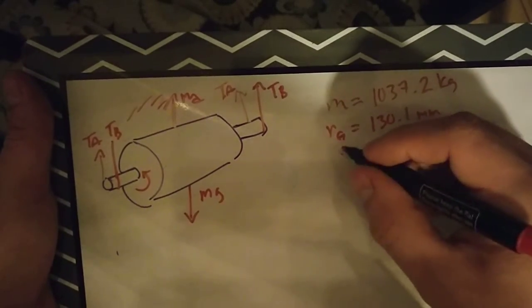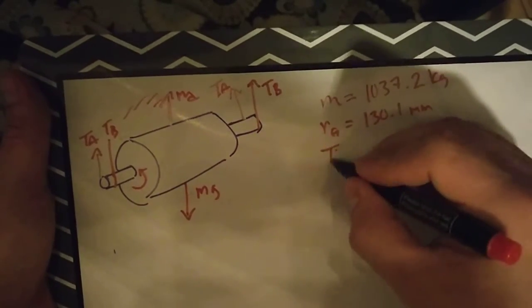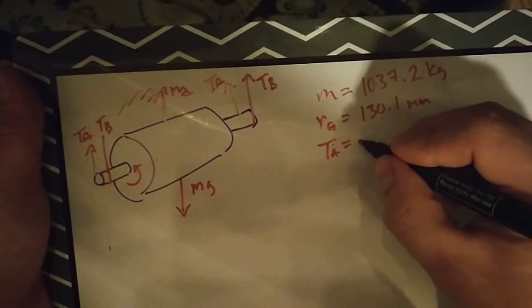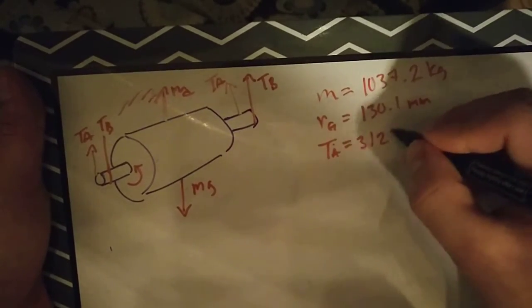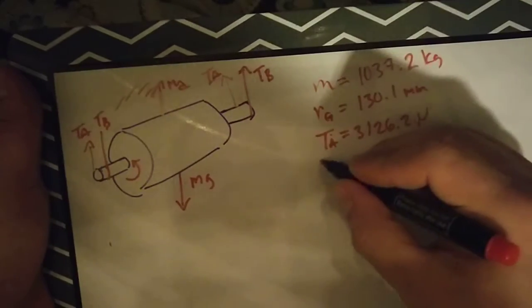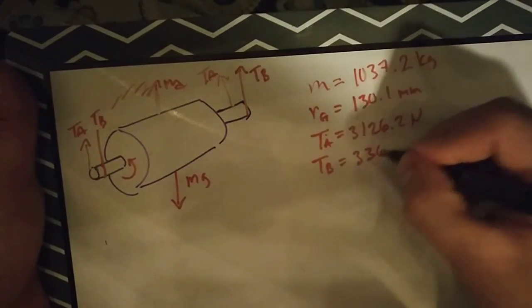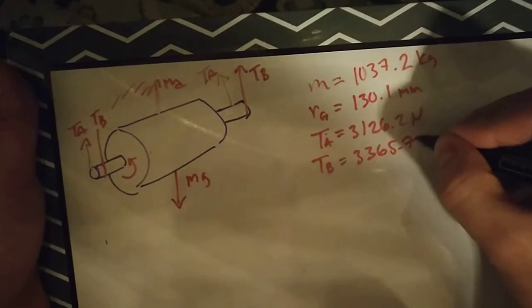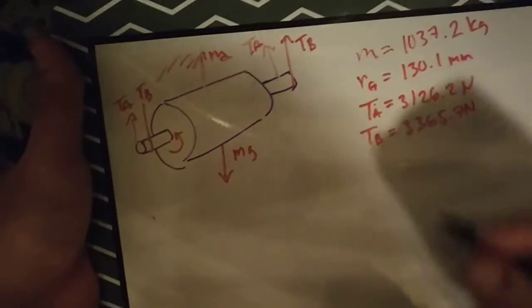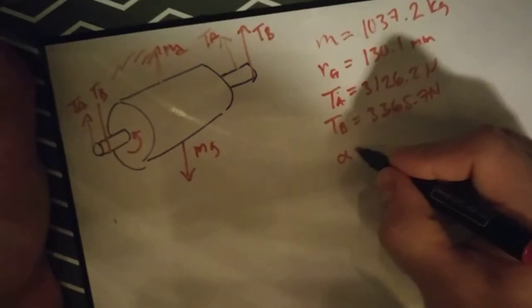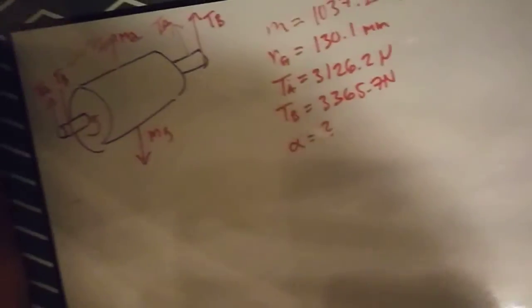We are given tension at A, which is 3126.2 newtons. We are given the tension at B, which is 3365.7 newtons. And what we're asked to find is the angular acceleration, given all that.